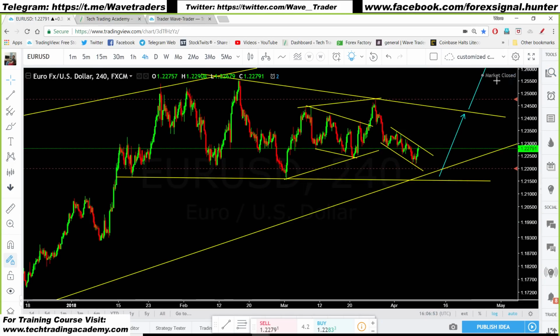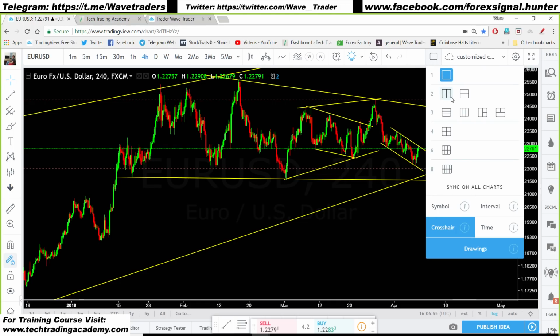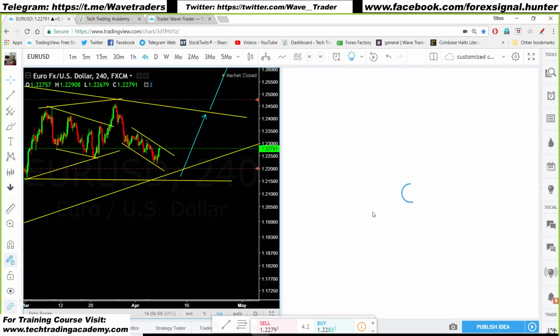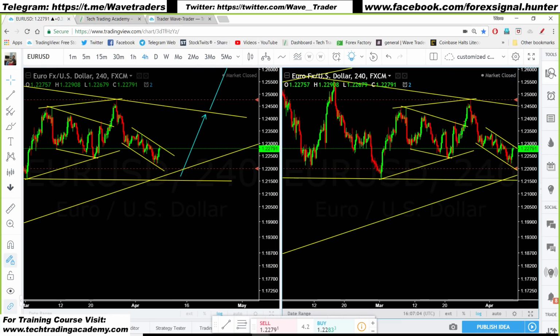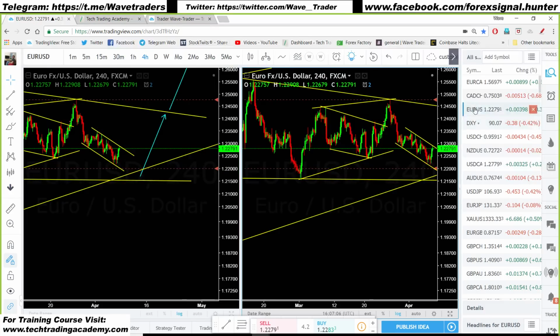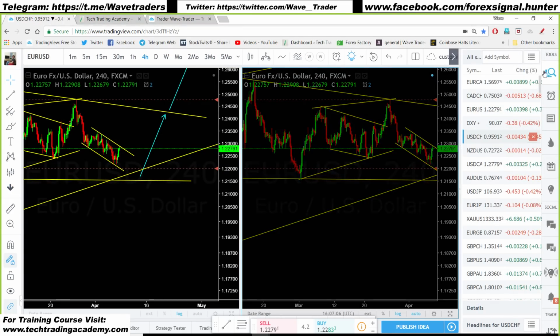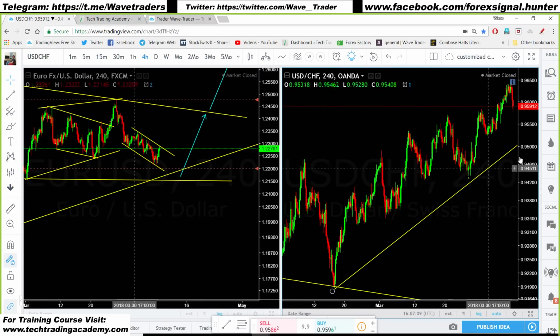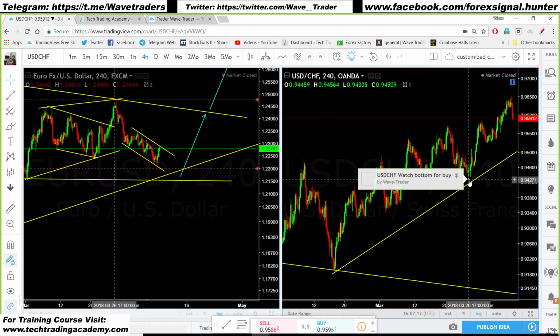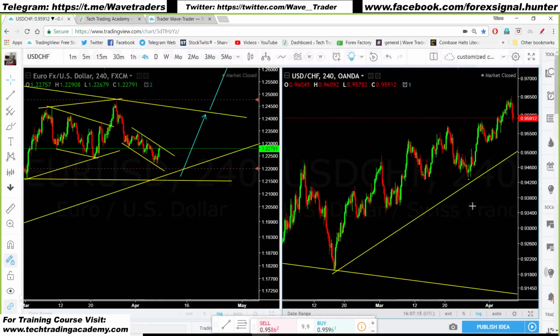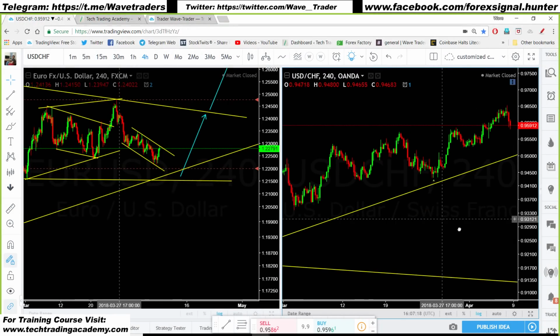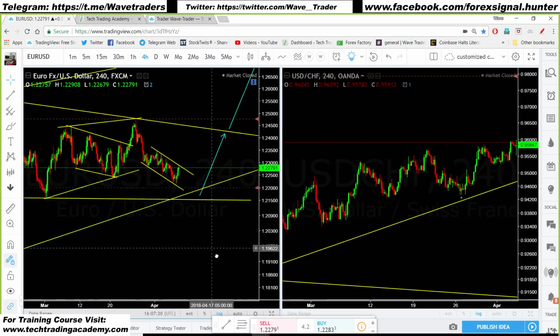All right, so you see that the pattern is quite similar like the dollar chief. All right, so you see here and you see here as well.